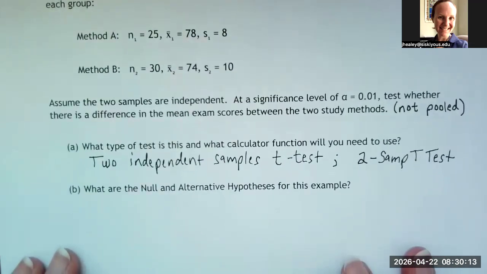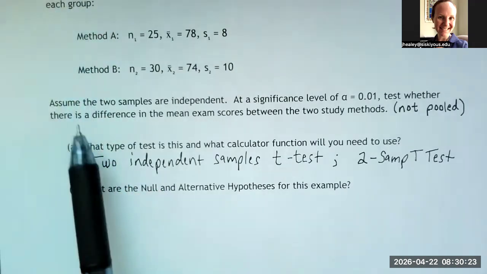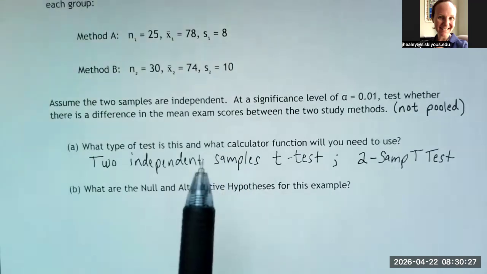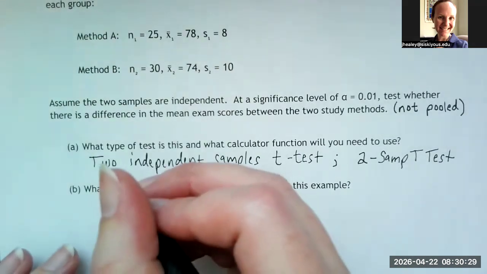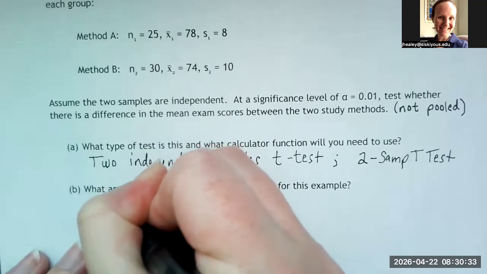So our null and alternative hypotheses for this situation, they just said that we're looking at whether the exam scores are different in the two study methods, not if one's higher than the other. So our null hypothesis is going to be that they're not different.